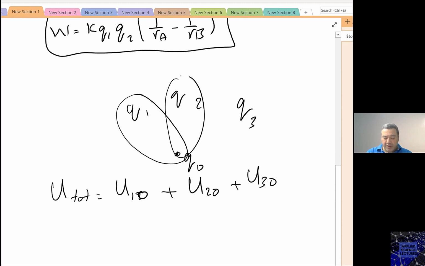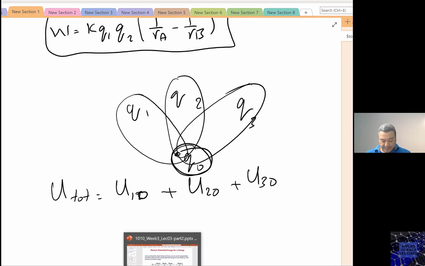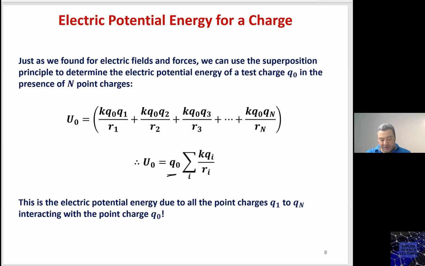I have to calculate the electric potential energy for all those pairs and then add them to get the electric potential energy for the test charge Q naught. So the relationship is U total for this Q naught equals the sigma, which is the summation of the electric potential energy between this test charge and all the charges that are close to this charge.